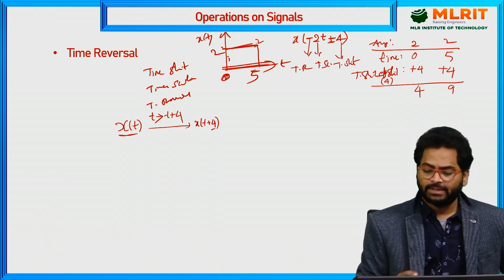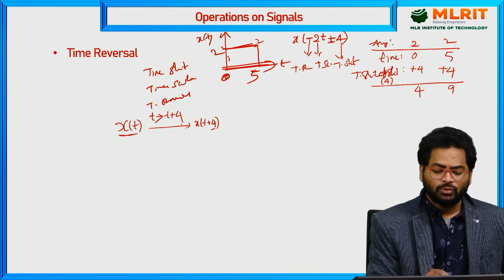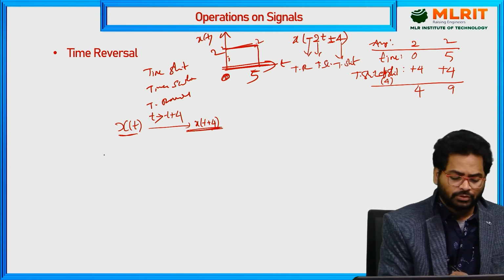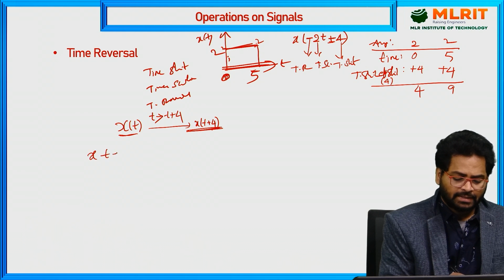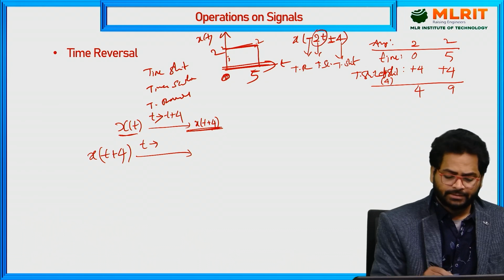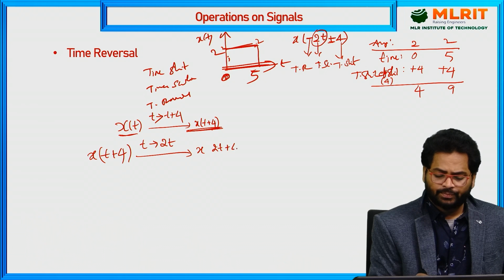First of all, I am doing the time scaling. Wherever t is there, you put t tends to 2t. So x of t plus 4 becomes x of 2t plus 4.